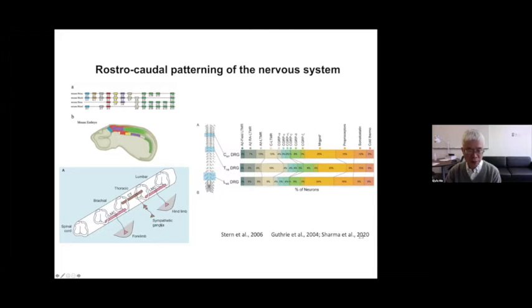Preganglionic neurons to the sympathetic ganglia are only in the thoracic region, but not in the limb region. More recently, David Ginty, our colleague in the neurobiology department, did single cell sequencing to characterize cell types within the dorsal root ganglia. You can see some neurons enriched in the thoracic region, and some neurons enriched in the limb region.